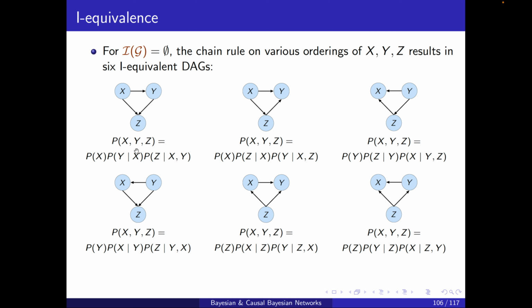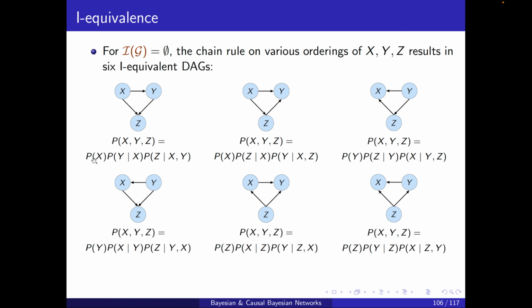So the joint probability distribution of all these six is the same. We are writing them in different forms, but they are independence-wise equivalent. And the reason is because we are using the chain rule.